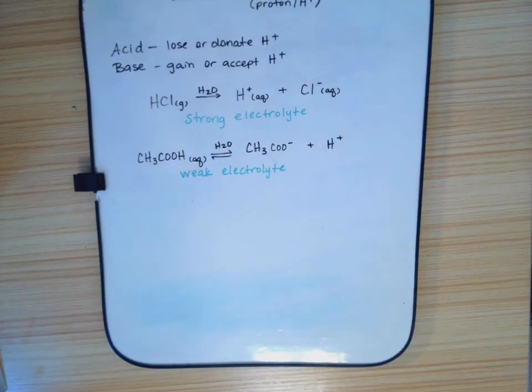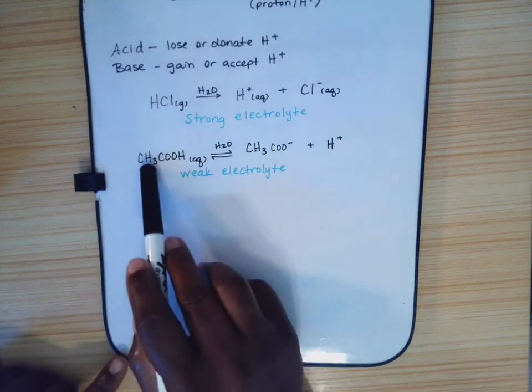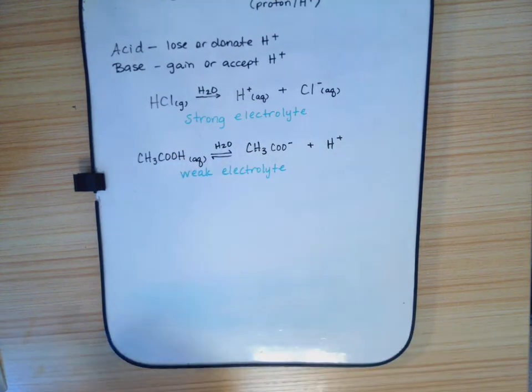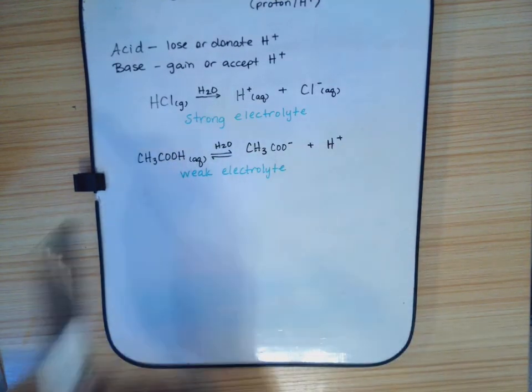Eventually, the process in which the weak acid is breaking down and those electrolytes or ions are coming back together, both will occur at the same rate or the same speed. When this does happen, that represents what we call equilibrium. Equilibrium simply tells you that the speed of the forward reaction is the same as the speed of the reverse reaction.